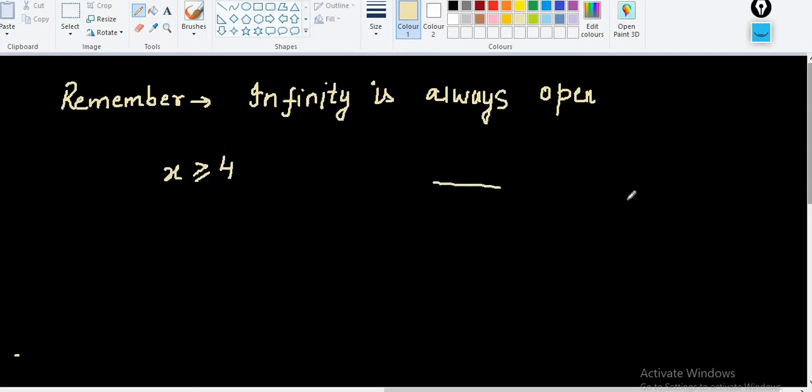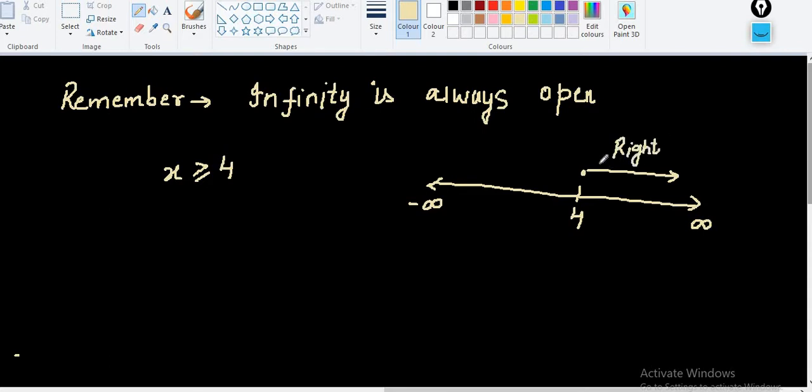Now see here, on the number line the numbers increase when we move from left to right. Now we have 4 here and we need numbers greater than or equal to 4. So which side are the numbers greater than or equal to 4? On the right hand side. So we move from 4 towards infinity.